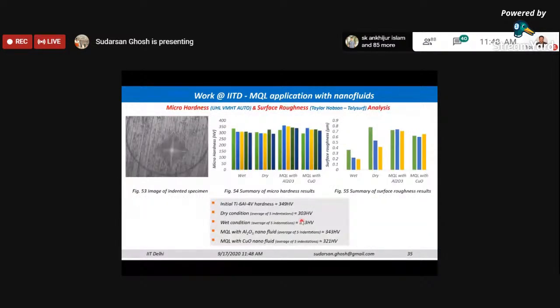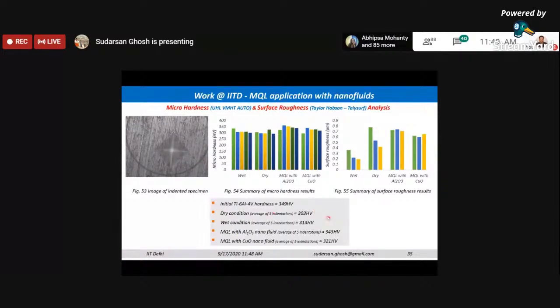Now coming to the hardness, for different conditions, we have ground the specimen and taken the hardness values. As we can see, the initial hardness of the titanium alloy is somewhere around 349 Vickers hardness. Now in case of dry condition, the average hardness has decreased to 303. This is mainly because of the high temperature generated during the grinding process, which in turn has lowered the hardness.